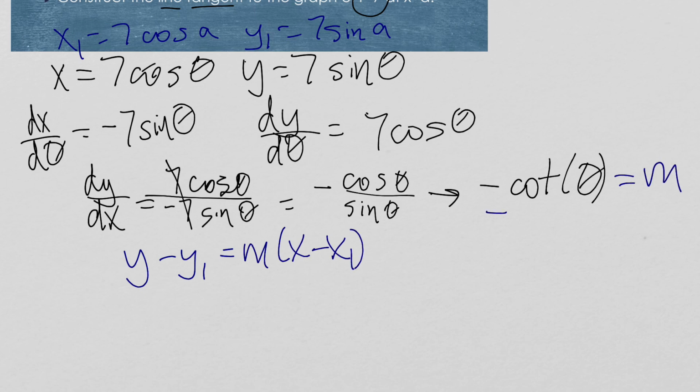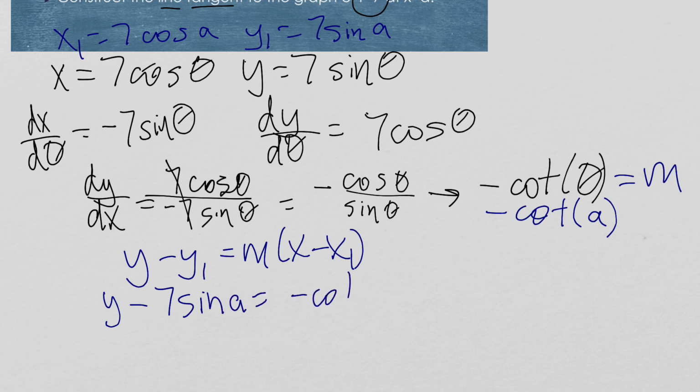We're going to make it negative cotangent a. And now we plug everything in. So we have y minus 7 sine a equal to my slope, which is negative cotangent a, times x minus 7 cosine a.